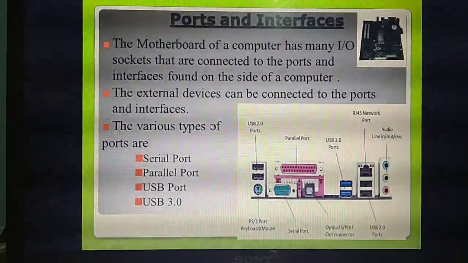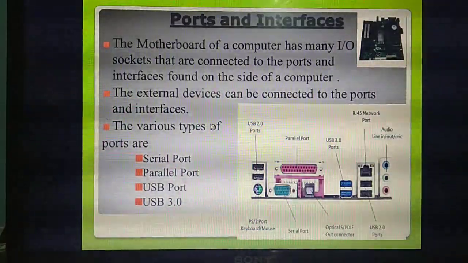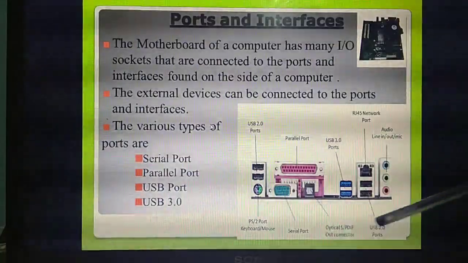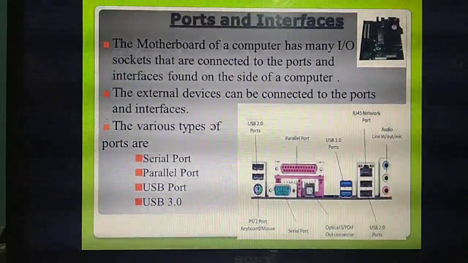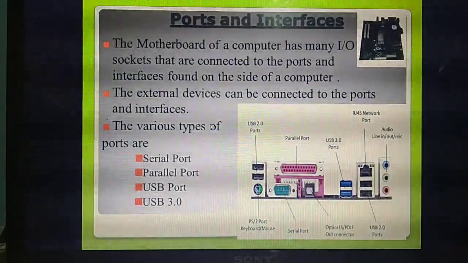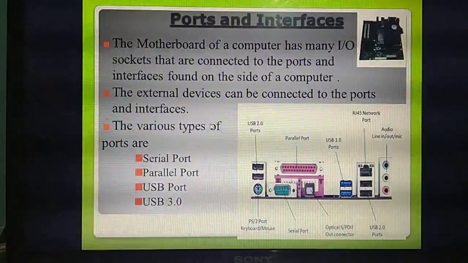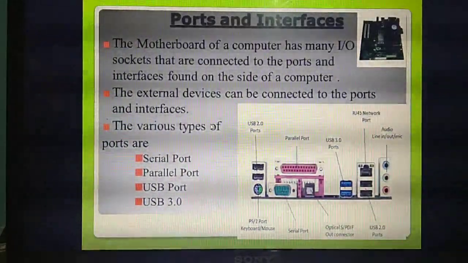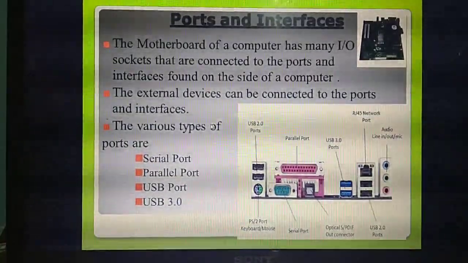If you have a normal personal computer in your home, you can identify this kind of board in your computer. If you go near the computer, at the back of the CPU, this kind of ports will be there. From these ports only, the devices will be connected.